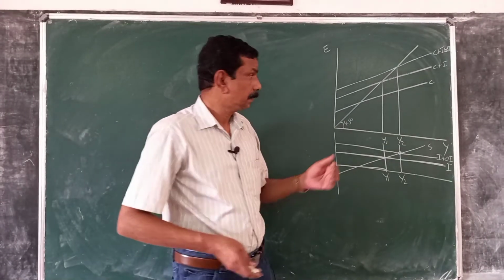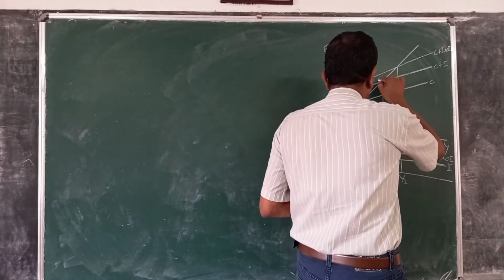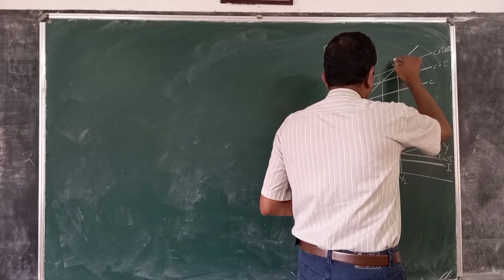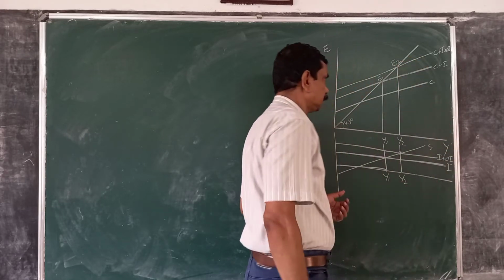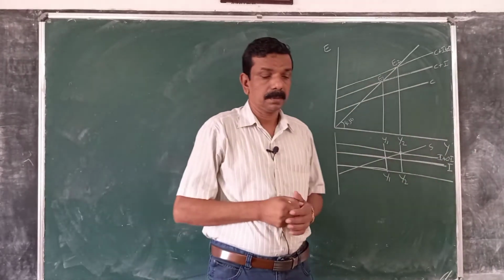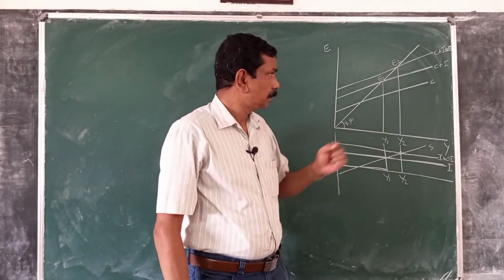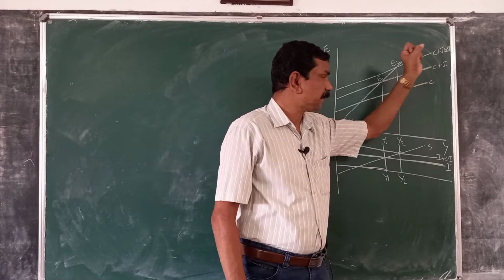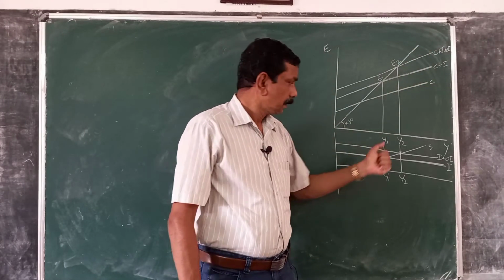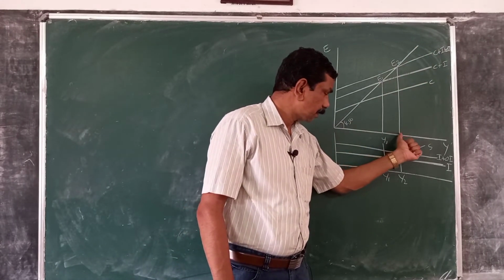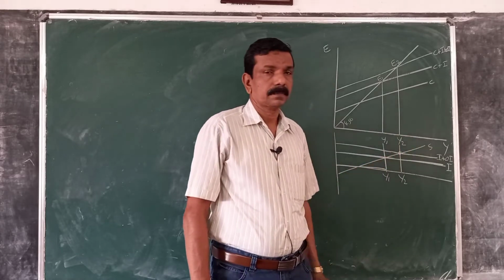So initially equilibrium is at point E1, now the equilibrium is at point E2. Now as you can see, when there is an increase in investment expenditure, equilibrium level of income increases from y1 to y2.